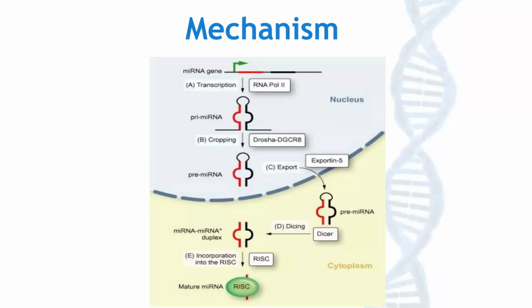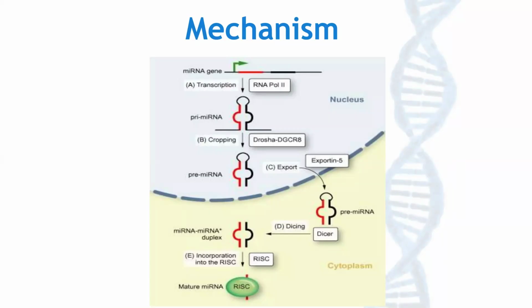These double-stranded microRNAs will now form a complex with the RNA-induced silencing complex. This RNA-induced silencing complex will recognize a specific messenger RNA, bind to it, and cleave it into two.